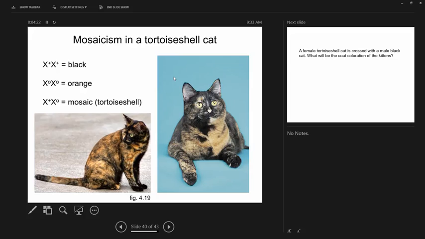Males only have one X, so they're going to be a solid color. Either they can be black or they can be orange. Now we're talking about the black and orange alleles. I know there's gray and there's the tabby where you get the tiger stripes. That's another gene that breaks up the coat color and makes the tiger stripes, and there's all kinds of stuff, but we're just talking about these alleles here.